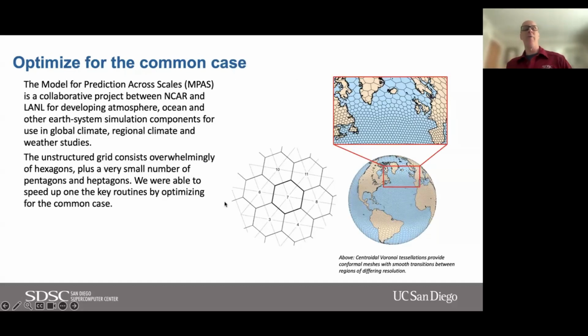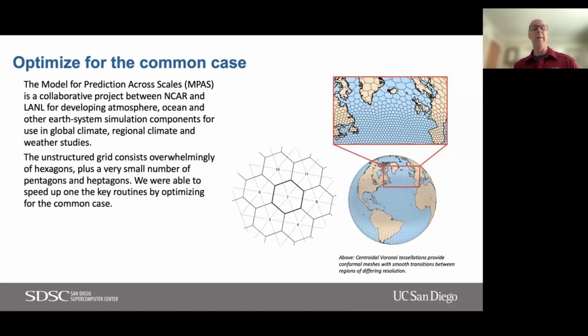And this is where we kind of make a transition from these generic optimizations to optimizations that are really specific for your code. This is an example drawn from a collaboration that I did with NCAR, National Center for Atmospheric Research.